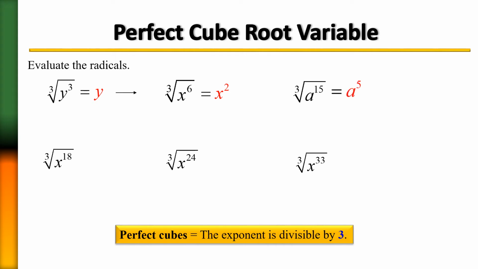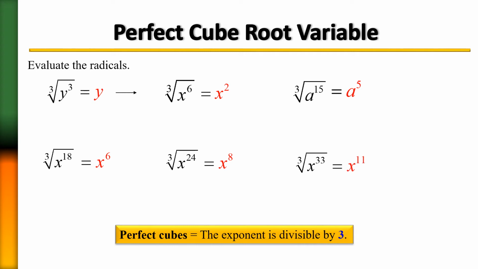What is the cube root of x to the 18th? Yes, x to the 6th. What is the cube root of x to the 24th? Yes, x to the 8th. What is the cube root of x to the 33rd power? Yes, x to the 11th.